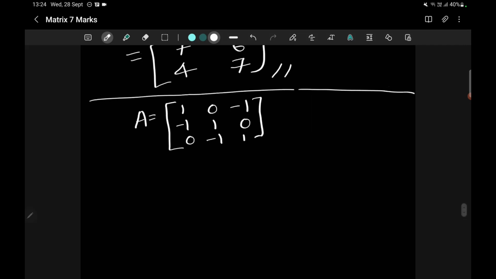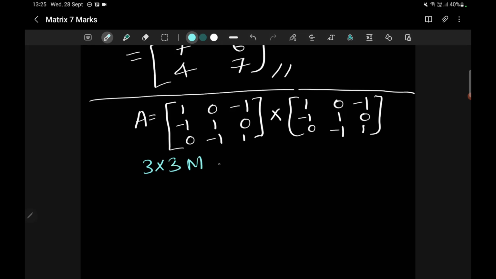We will multiply this same matrix with the same matrix. That will be 1, 0, minus 1, minus 1, 1, 0, 0, minus 1, 1. This is 3 by 3 multiplication.